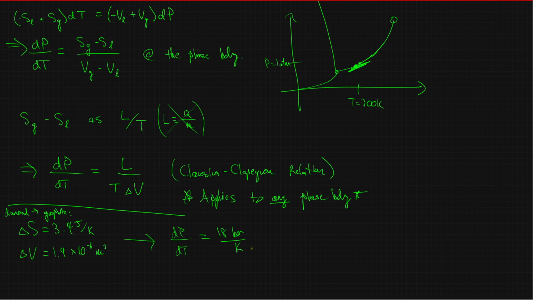So basically, you need a ton of pressure in order to actually go between these two. That's all it's saying: the pressure has to increase a lot if you have a small change in the temperature. So making diamonds requires very high pressure, which we already know.